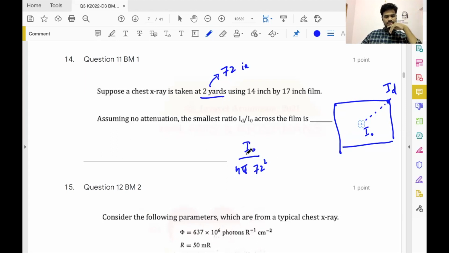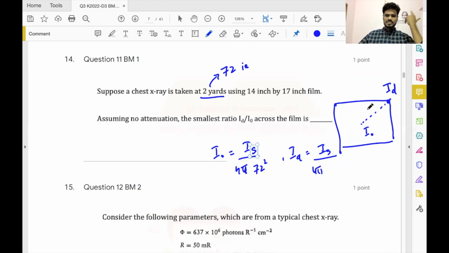This is I naught, right? And we have I_D, which is whatever at the source by 4 pi.